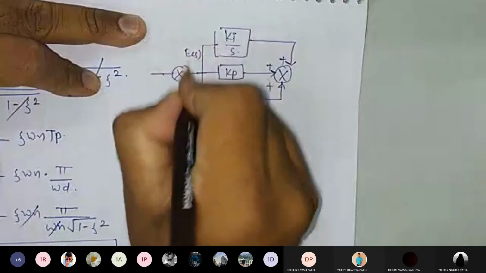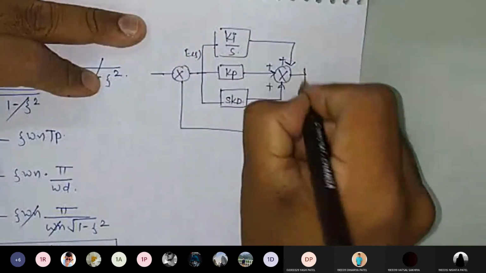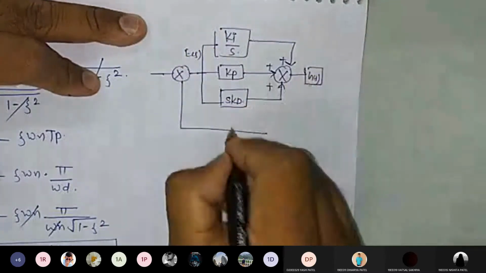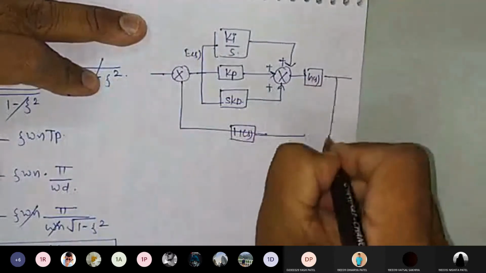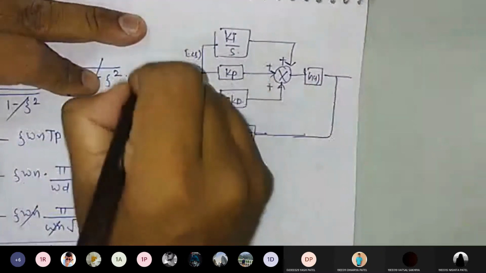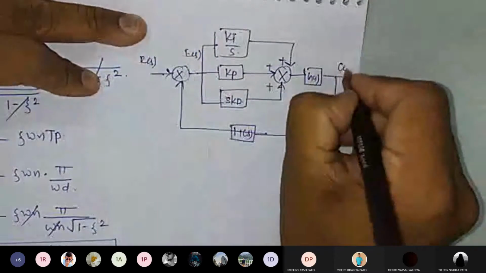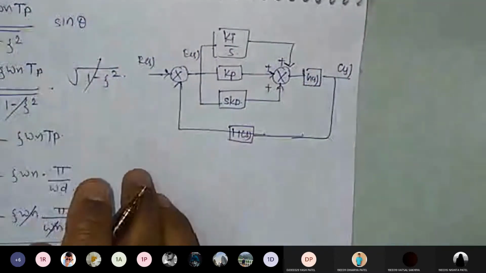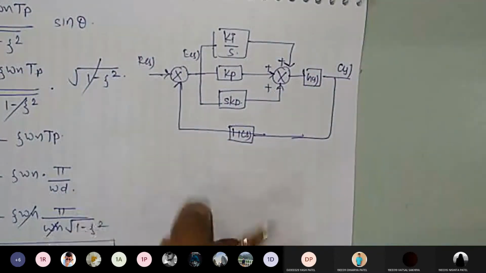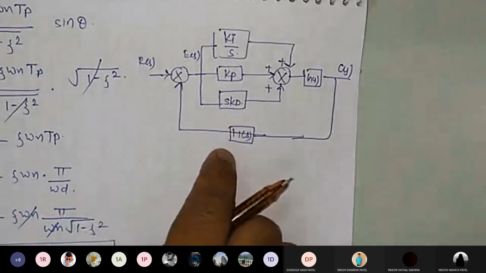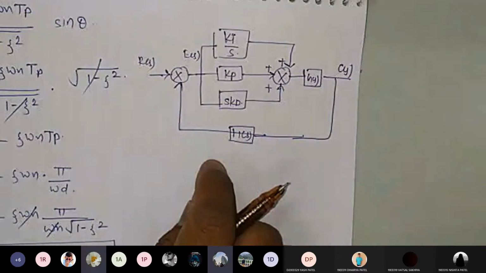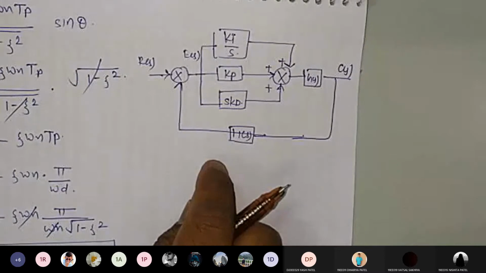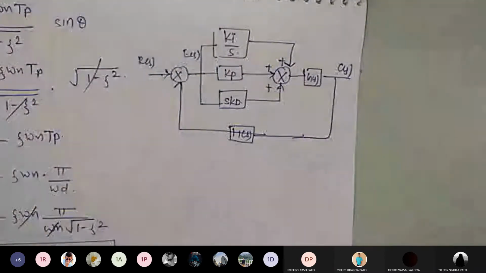Here we are having E of s, G of s, H of s, R of s. Which controller is it? PID controller. Done.